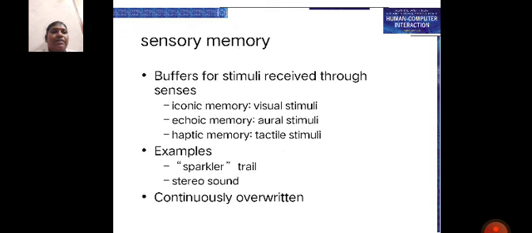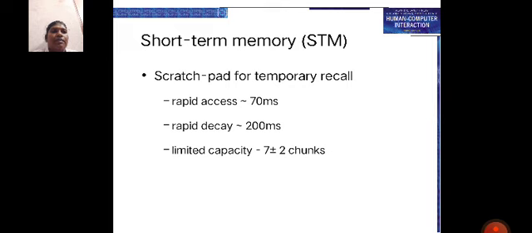Sensory memory includes iconic memory, echoic memory, and haptic memory, received through visual, aural, and tactile senses. Short term memory is a scratch pad for temporary recall, with rapid access, about 70 milliseconds, rapid decay, about 200 milliseconds, and limited capacity.